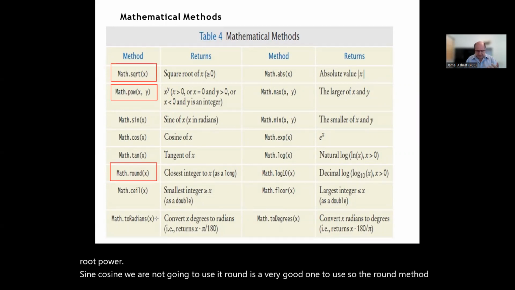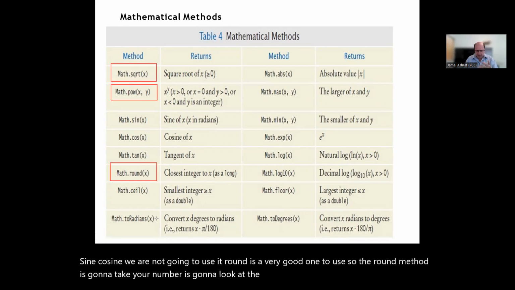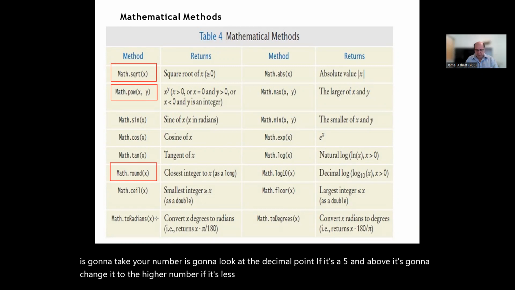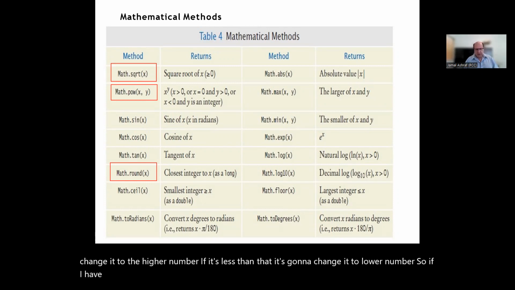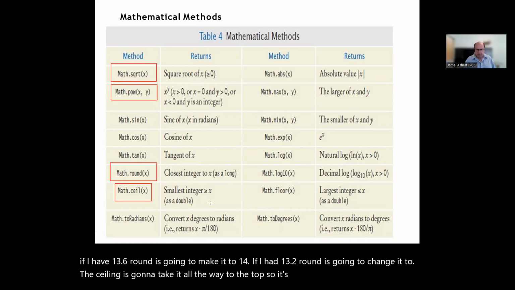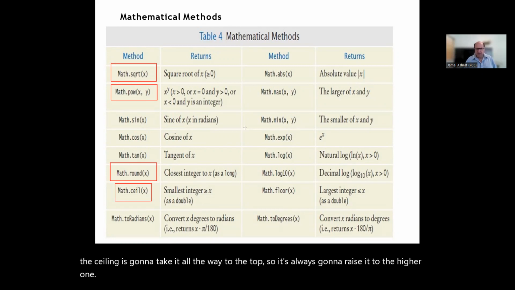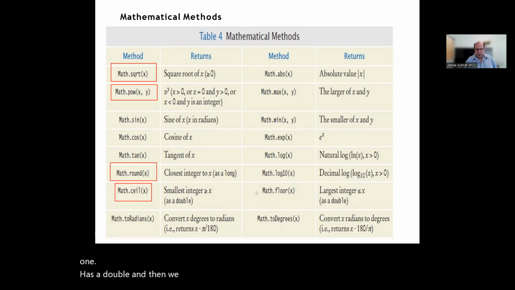So if I have 13.6, round is going to make it 14. If I had 13.2, round is going to change it to 13. Ceiling is going to take it all the way to the top, so it's always going to raise it to the higher one as a double. And then we have floor, which is going to floor it as a double.